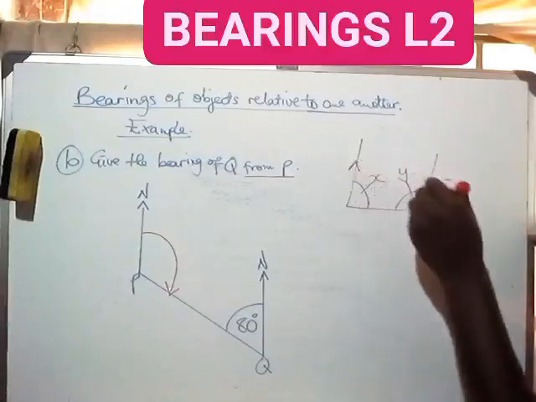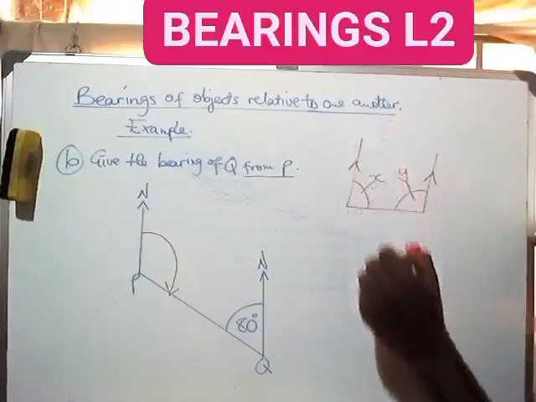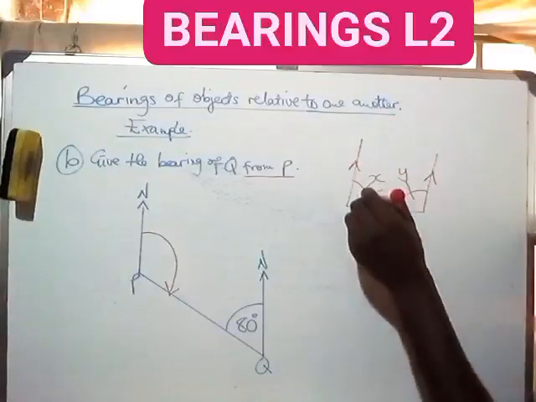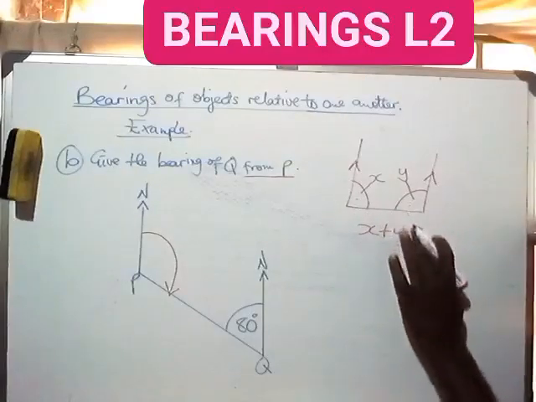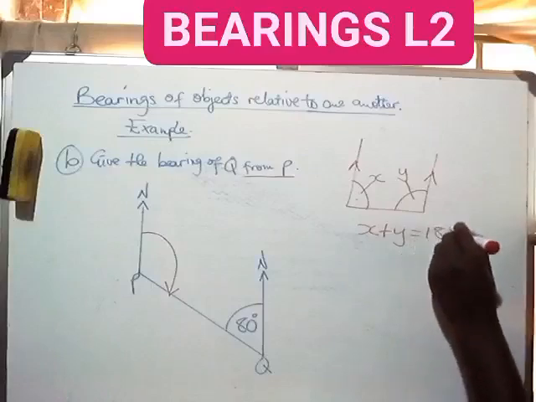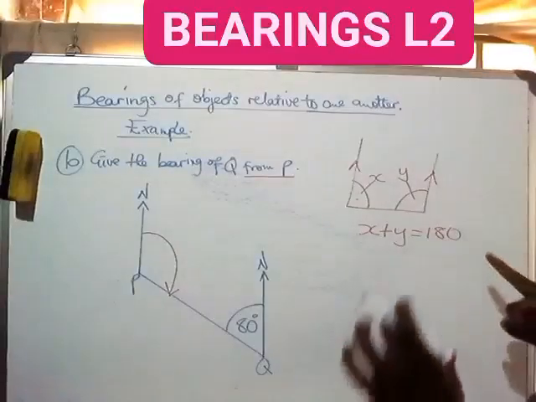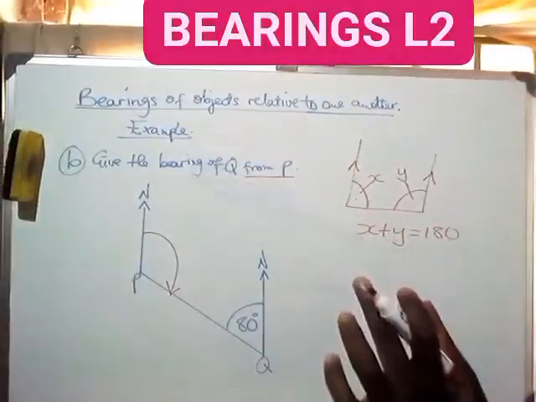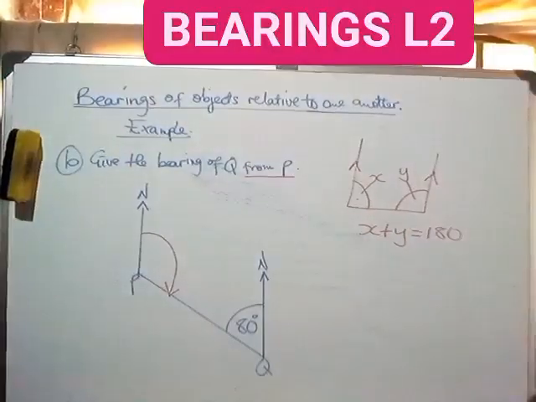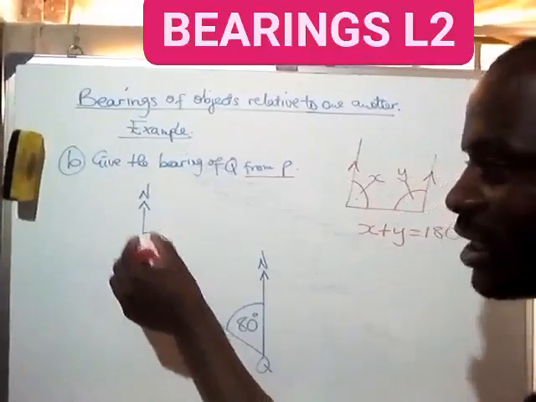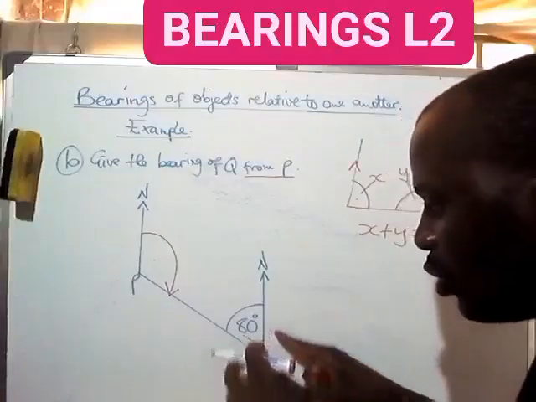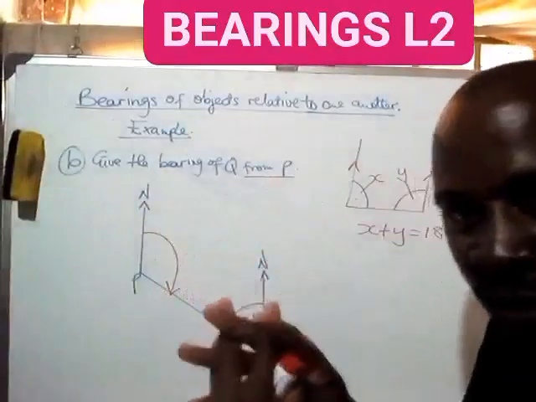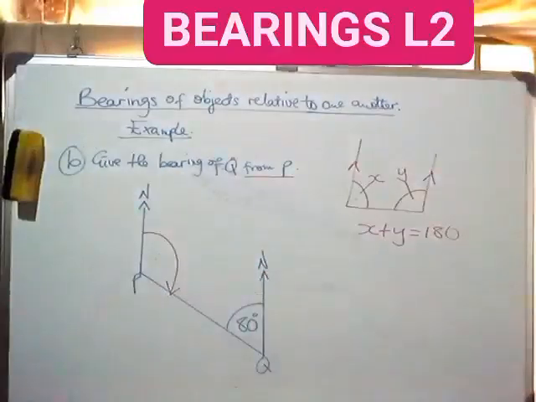So if these two lines are parallel to each other, then angle X plus angle Y gives the sum of 180. I've brought this concept so that I can work out this one. This means that angle NPQ and angle PQN, when you add the two, you are going to get 180. This is the principle we are going to use here.